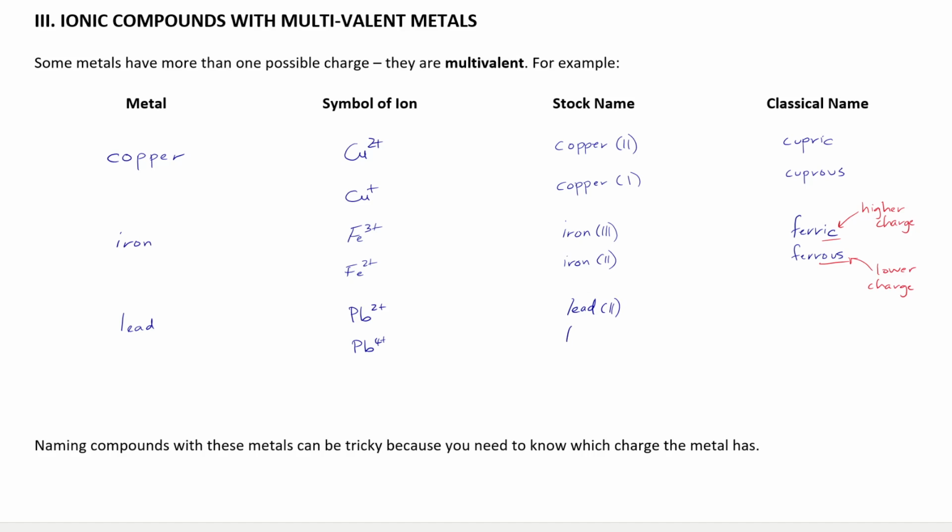And lead 4 positive as a stock name is lead 4. And so this one would be, now it's the lower charge that's more common, plumbous and plumbic. And you'll see that certain periodic tables for the ions will have both the stock name and the classical name listed on the periodic table.